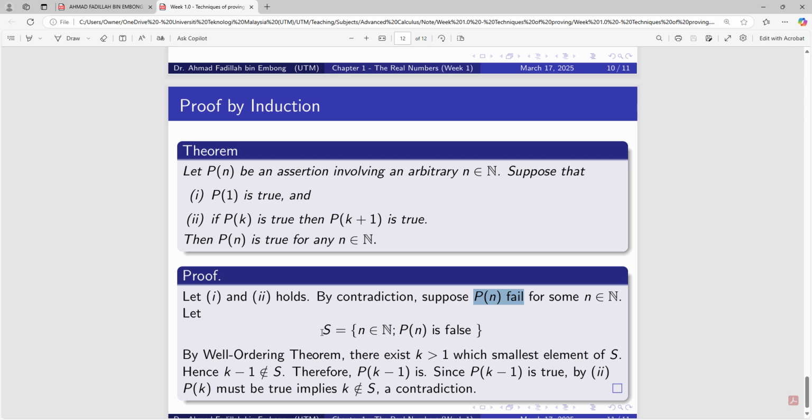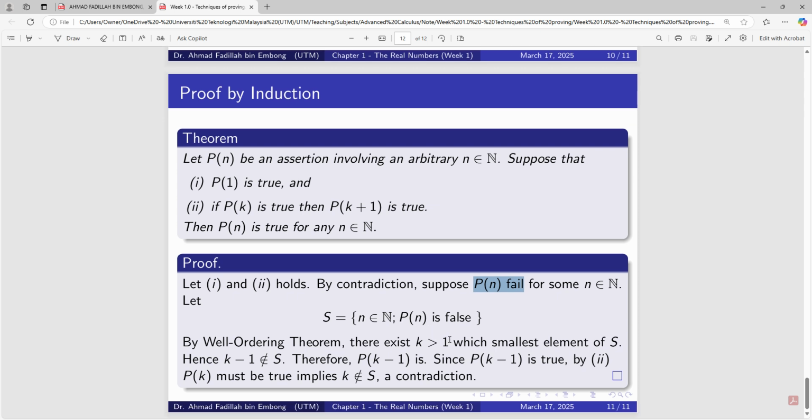I'm going to collect such numbers inside the set S. So I'm going to call S the set of n inside the natural numbers such that P(n) is false. So I collect all the n for which P(n) is false inside the set S, because here I suppose that there exists P(n) which is false for some n inside the natural numbers.